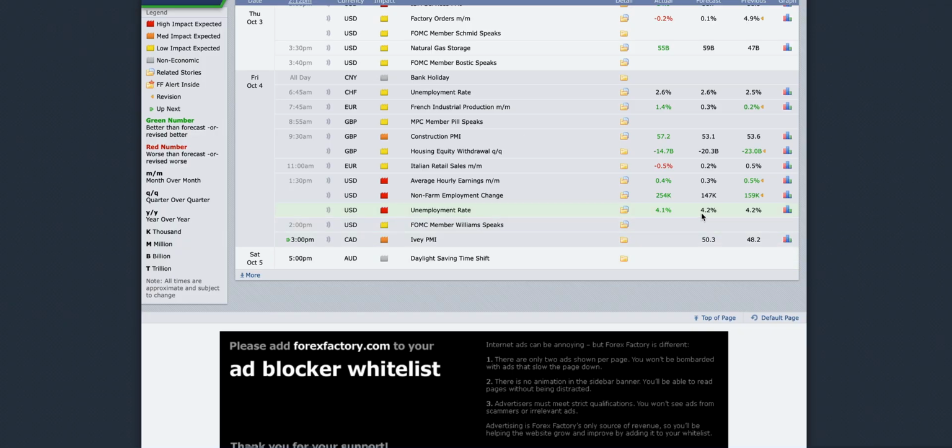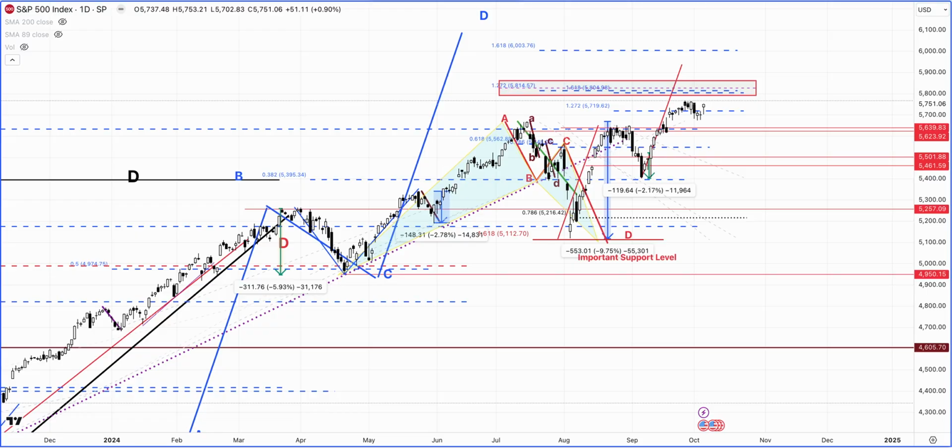Let's just go back. It came in a little bit stronger at 4.1, and much stronger on non-farm payroll data. But the stock market liked it, because this shows that the US economy is strong. So it's no longer the case where bad news was good news. It means that the market is basing off strong fundamentals on the economic front.